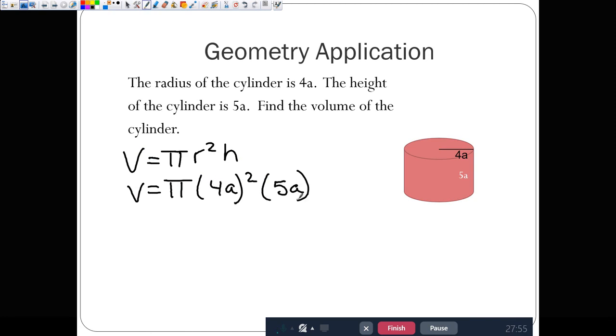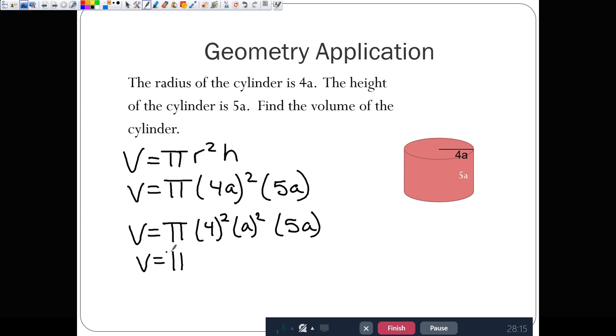Okay, so I need to distribute that exponent. So I'm just going to leave pi as pi. So that's going to become 4 squared and a squared. And I still have 5a here. So what is 4 squared? 16.